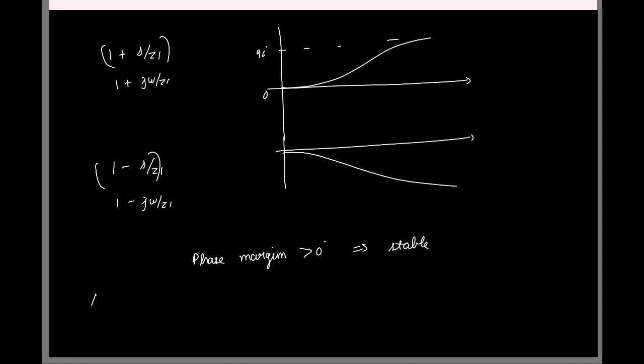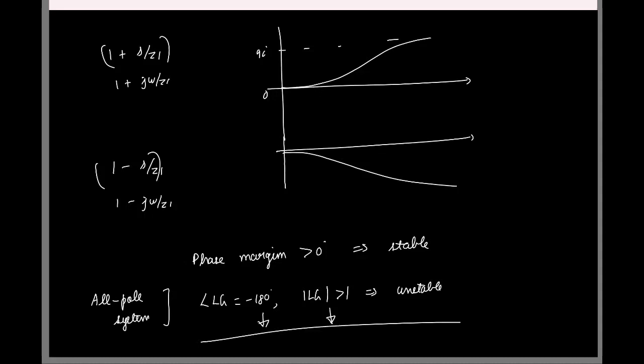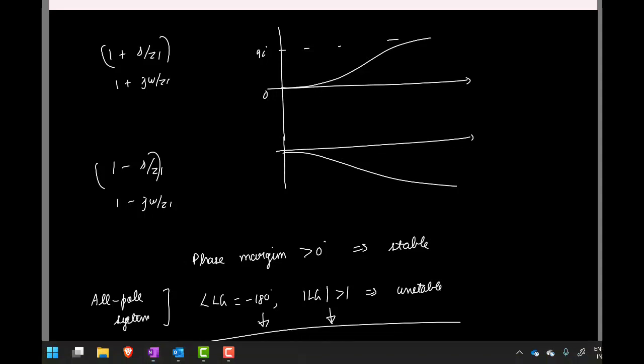And also if you have an all pole system, you can make an additional comment that if when phase is 180, the loop gain magnitude is greater than 1, then also you can say it's unstable because the phase is going to reduce monotonically, and when the gain becomes equal to 1, the phase will in turn have gone below minus 180. Okay, but the moment you have zeros, we cannot say anything about this. Okay, so yeah, we'll stop here and we'll continue later.